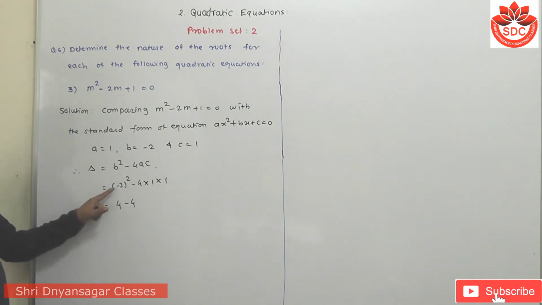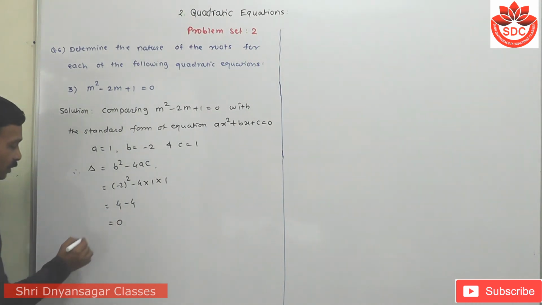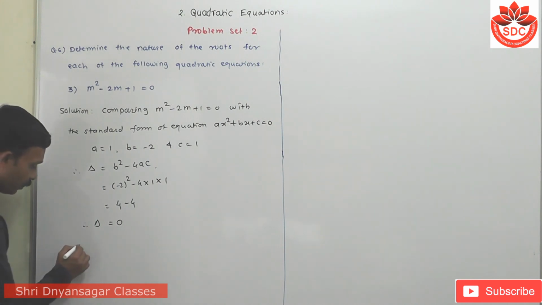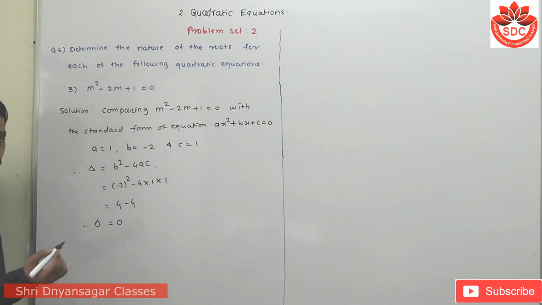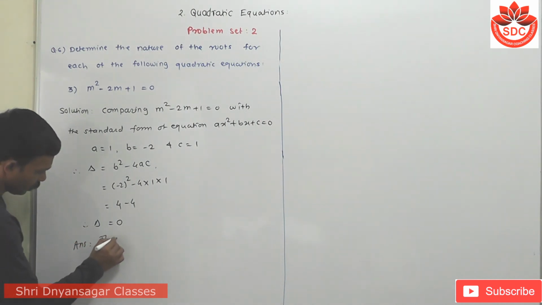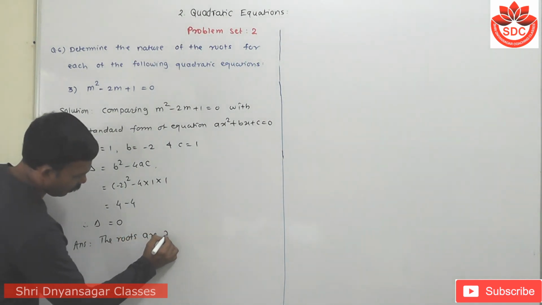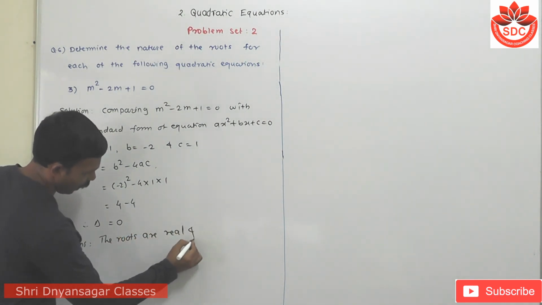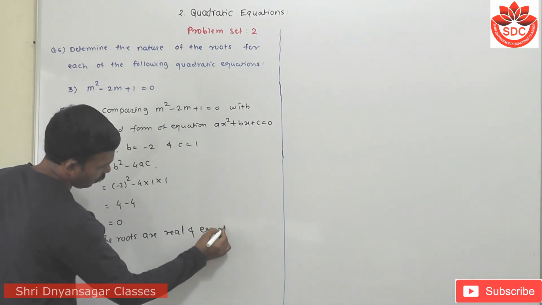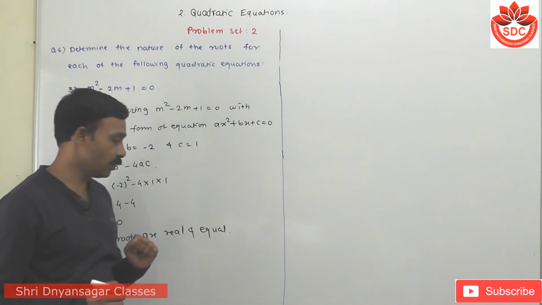This is plus 4 and minus 4, which is equal to 0. So delta is equal to 0. Therefore, if delta is 0, then the roots are real and equal. So the answer in full sentence: the roots are real and equal. Can you understand this question? Okay, now we see the next question.